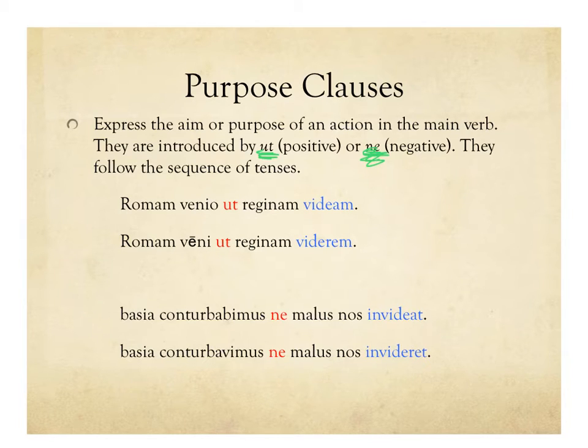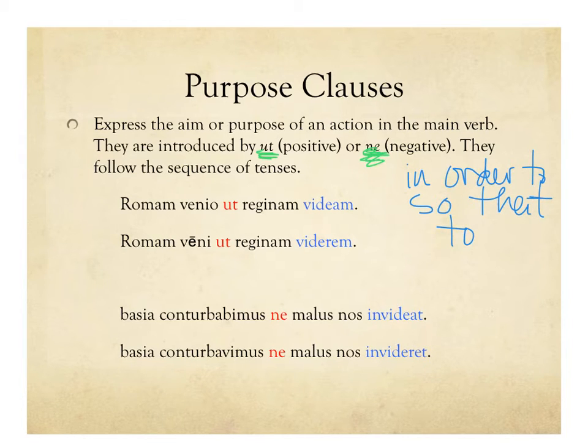Purpose clauses get translated usually as in order to, or so that. And in English, sometimes we just say to, as you'll see. Okay. But if we look at these examples that I have here for you, Romam venio ut reginam videam.